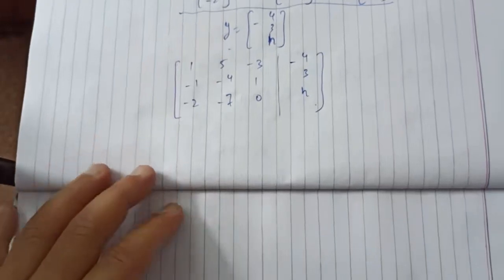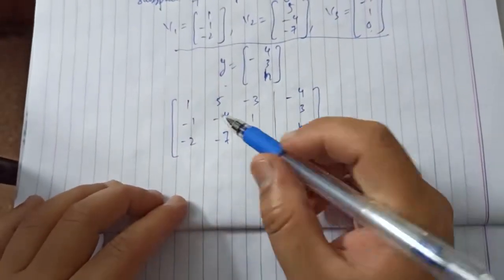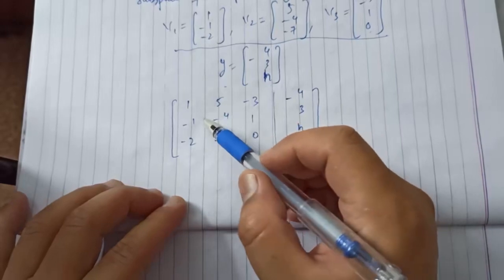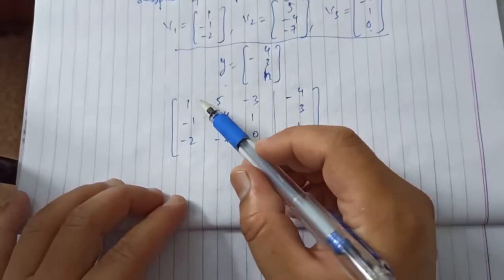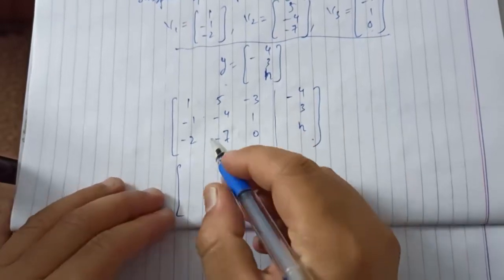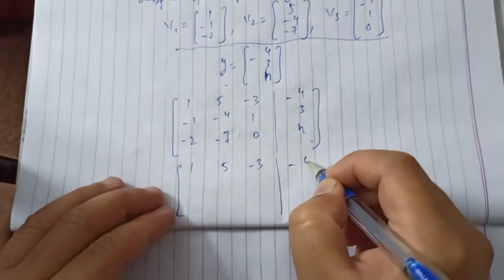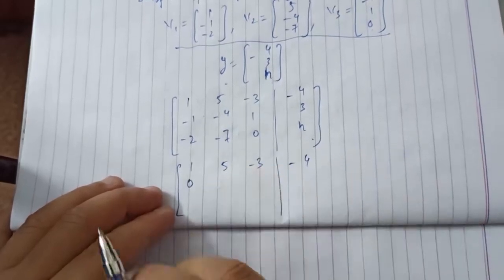Now once we have that augmented matrix, we can carry out the row operations on that. So it means I can add the first row to the second row and multiply the first row with 2 and add it here. If I do that, that becomes here as 1 5 minus 3 minus 4, so added here is 0, right?